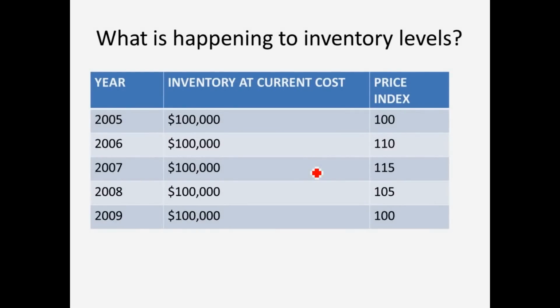So if I wanted to figure out how much this amount of inventory would have cost me in 2005, what would I do? I'd divide by, so how much would that inventory have cost me in 2005?